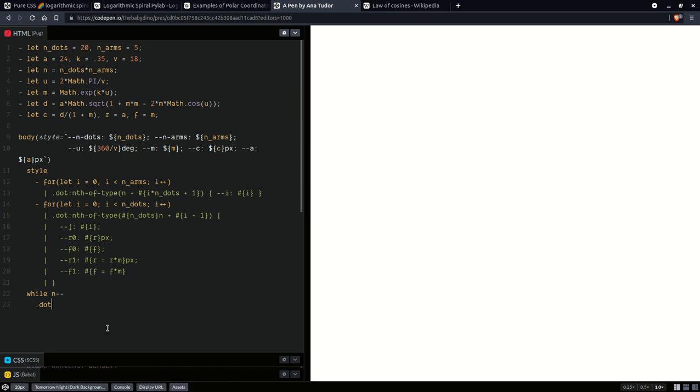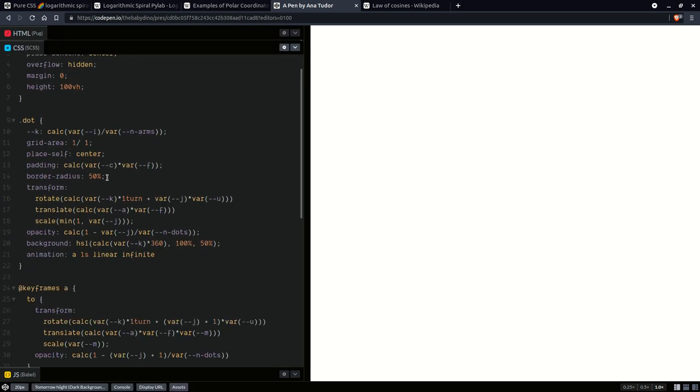Okay, so knowing this, here we are just going to have that initial size, and here we are going to have the initial radius, r0.